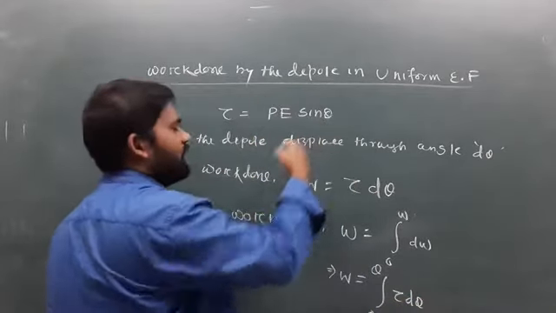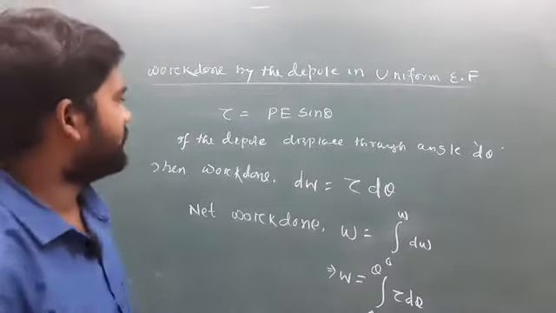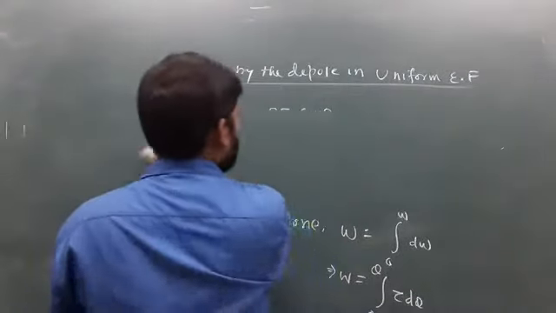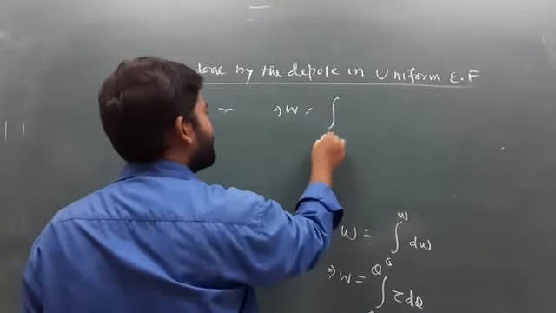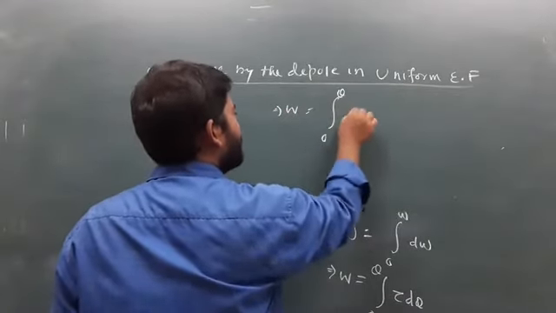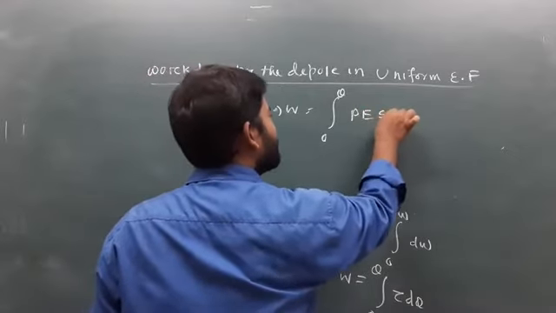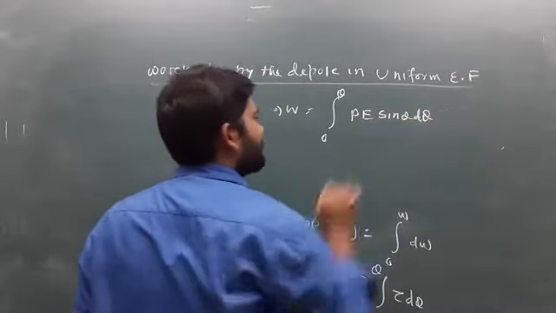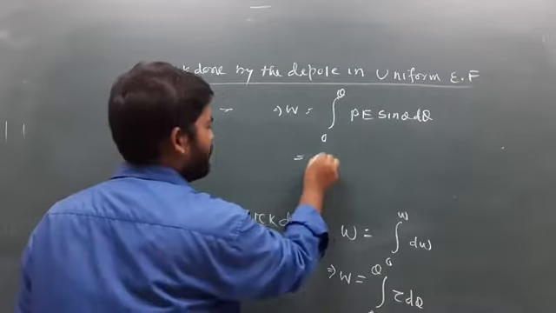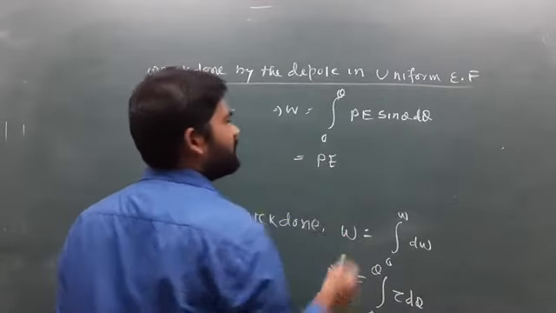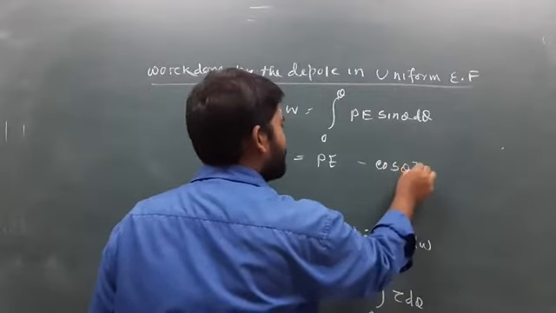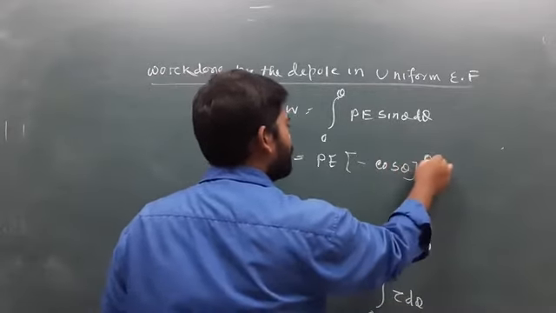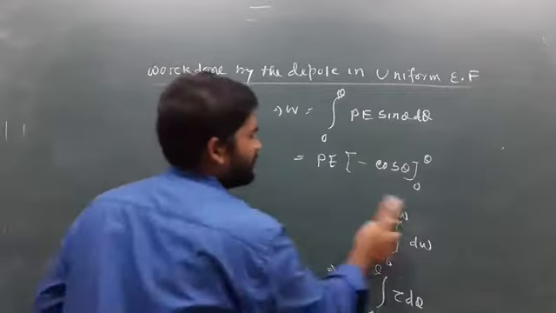The expression for tau is PE sin theta. So, W equals the integration from 0 to theta of PE sin theta d theta. So, that will be PE times the integration of sin theta, which is minus cos theta, from 0 to theta.